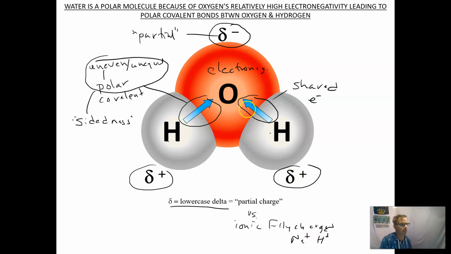So all water molecules are polar, primarily because of this oxygen atom being electronegative and tending to have the electrons spend more time around the oxygen. Consequently, this side of the molecule is partially negative, and this side of the water molecule is partially positive, right?